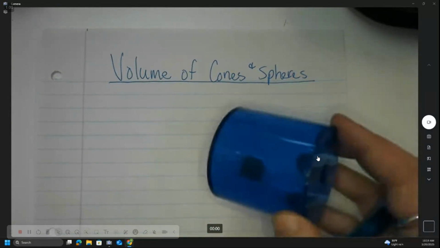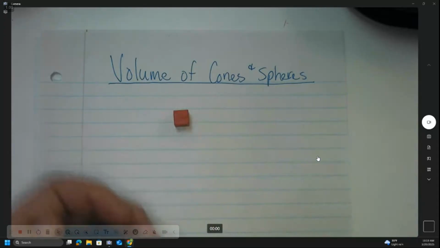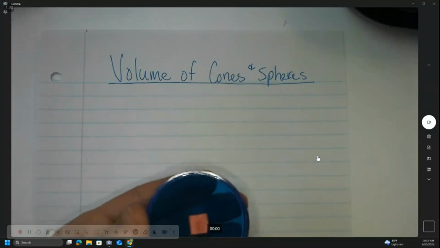Last lesson was this guy, cylinders. Now, you're still trying to discover how many perfect cubes fit on the inside of a cone or on the inside of a sphere. Last lesson with cylinders, I told you that we still need to know that curvature measurement.